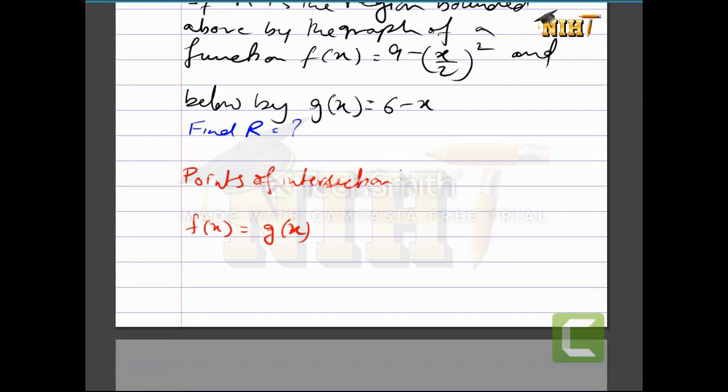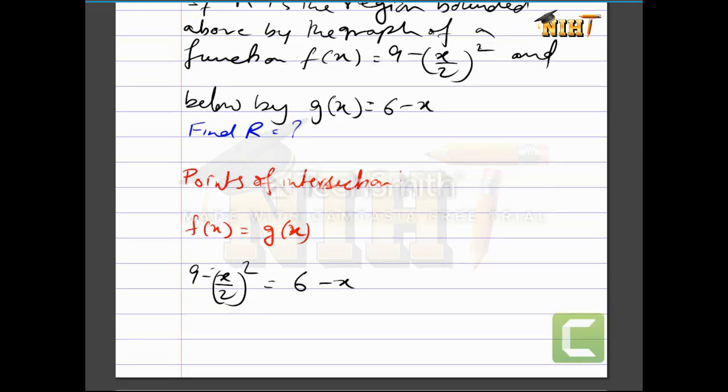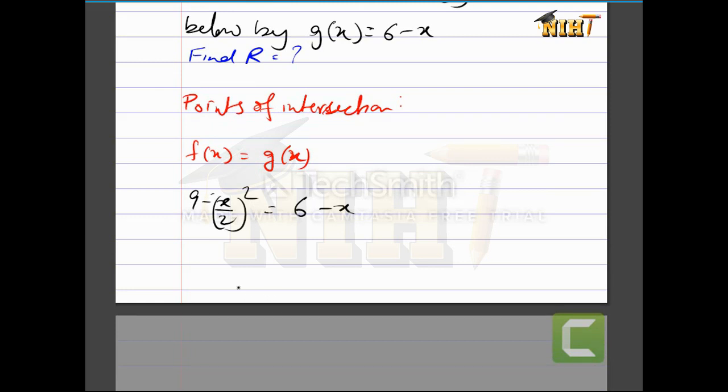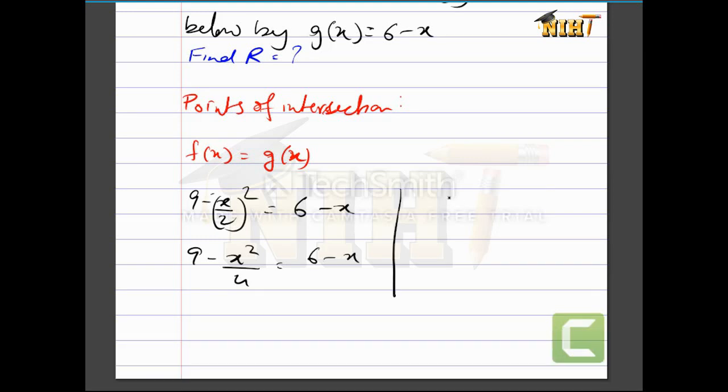To do that, we write 9 minus (x by 2) whole squared equals 6 minus x, and then we go on to solve this to find 9 minus x squared by 4 equals 6 minus x. This gives us x squared minus 4x minus 12 equals 0, or (x minus 6)(x plus 2) equal to 0.